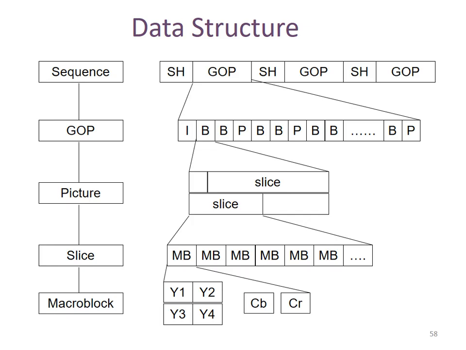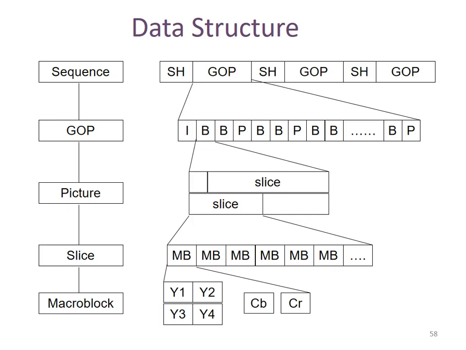We will see the definition of slices later. For different slices, we also partition the slices into different macroblocks. If you consider a macroblock as 16 by 16 pixels, then it could be the unit of the macroblocks.